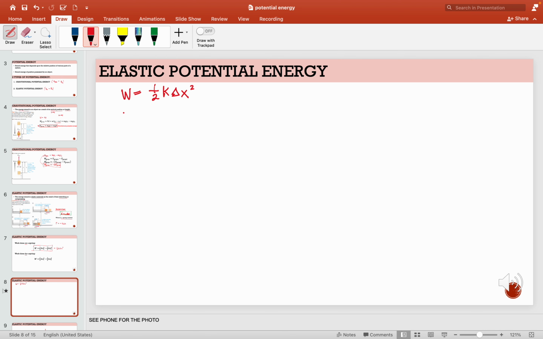Okay, so now take note that our work is equal to the change in potential energy U, which is equal to the final potential energy minus the initial potential energy. Substituting the equation for work, 1/2 k times delta x squared, we have 1/2 k times the quantity delta x squared is equal to final potential energy minus initial potential energy.